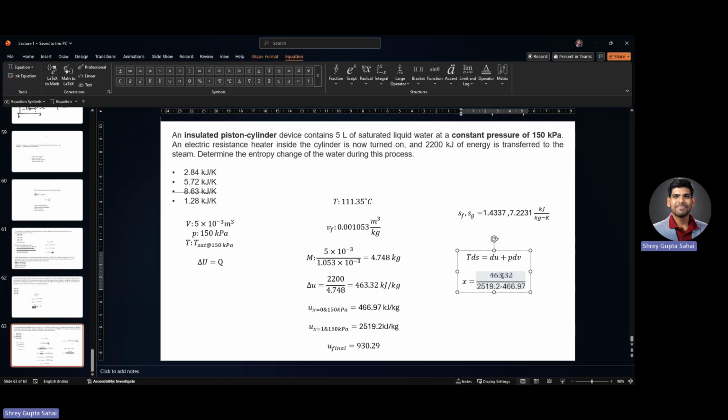This thing 463.32 divided by 2519.2 minus 466.97. X comes out to be 0.22.